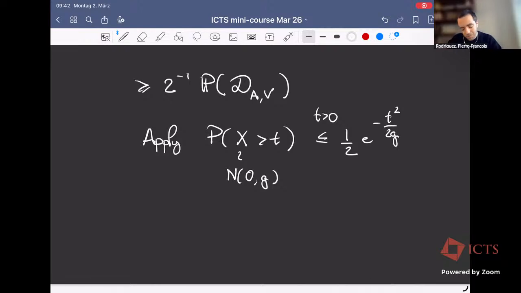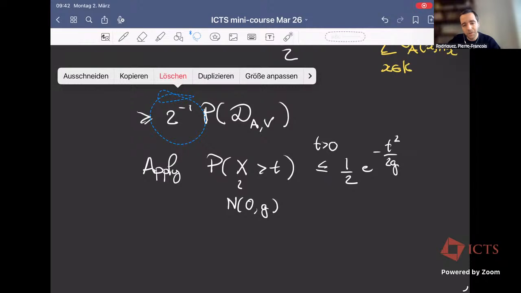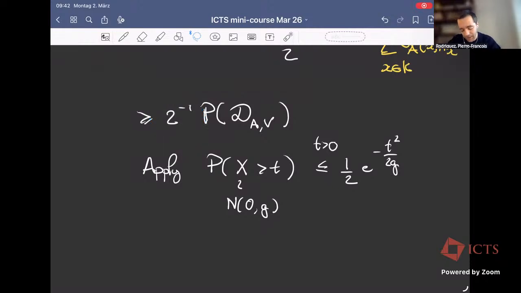Here the 1/2 is a little bit important. Usually you see this maybe with a 1 over t or something like that, which is of course better when t starts to be large. But here t is a, and a can be arbitrarily close to 0. And the 1/2 is a lifesaver because there is a factor of 2 when you go to the other side, so it will actually cancel this.